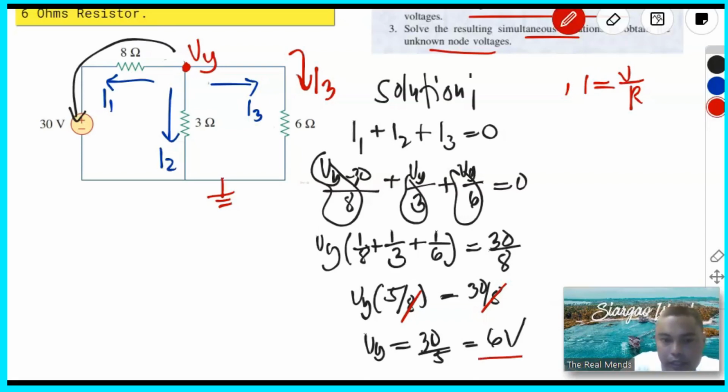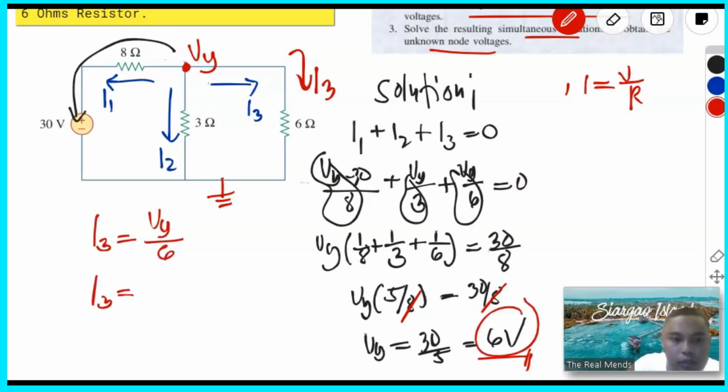So this is now the value for our VB. So this I3, we all know that this is just VB over 6. So from that, I3 is equals to VB over 6, where our VB is just equals to 6 volts over 6 ohms.